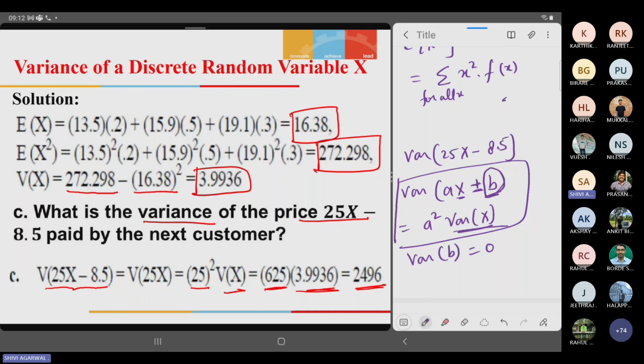Similarly, you can apply the formula for the variance of any function like ax plus b. In the previous question, we did the expected value of ax plus b. Here we are doing the variance of ax plus b or ax minus b. Any function in linear form can be used here. Got it?